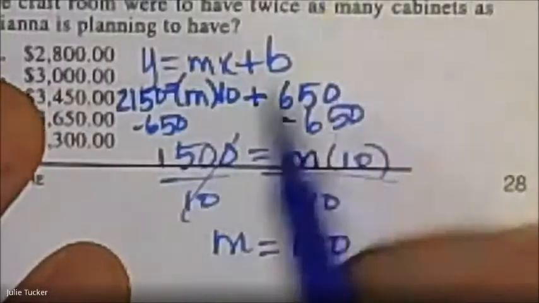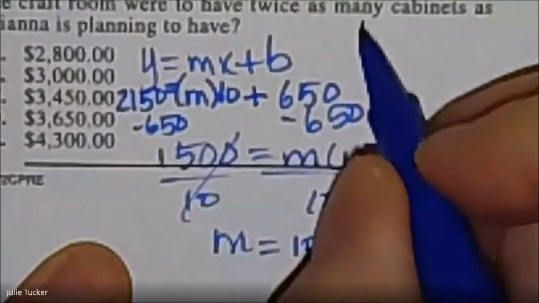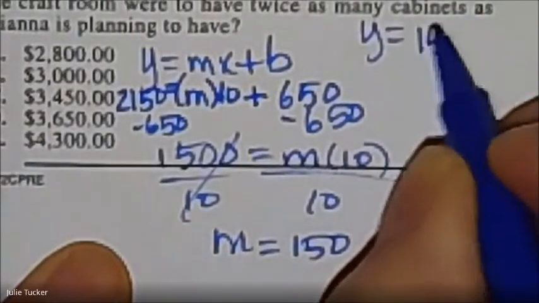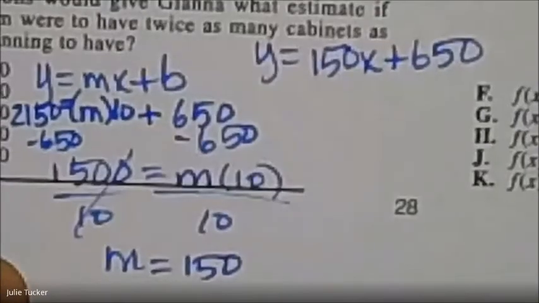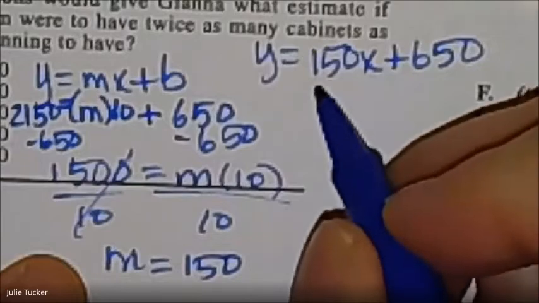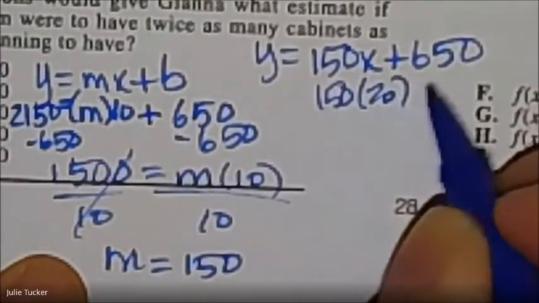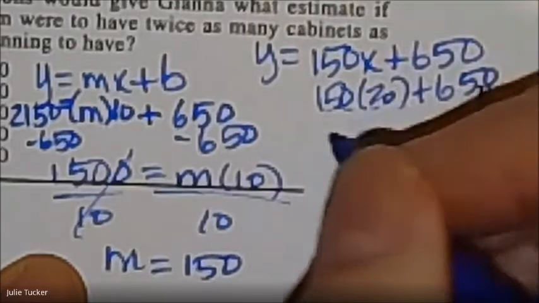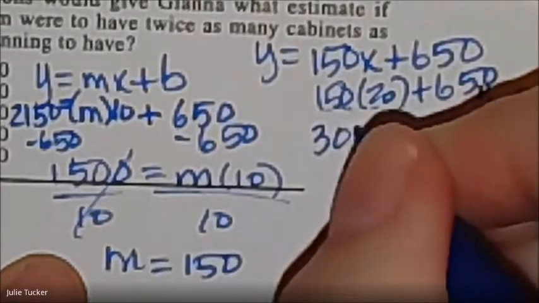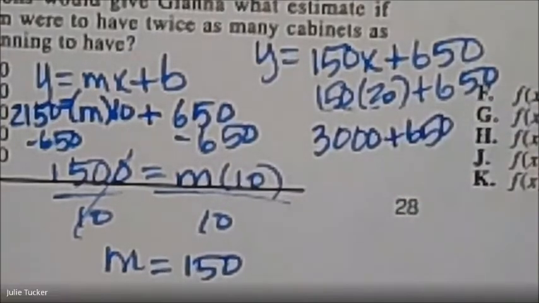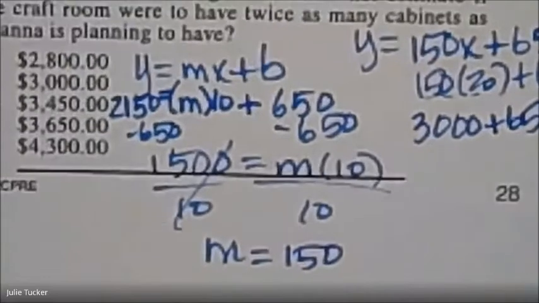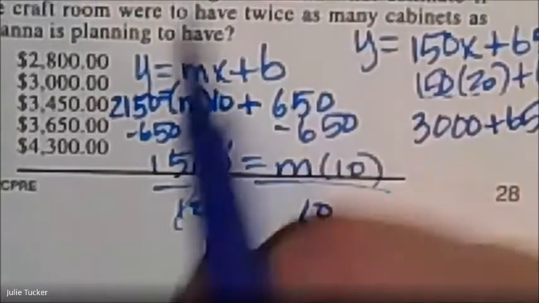So we'll take our equation, y equals 150x plus 650, and we'll put in a 20 for x. So 150 times 20 is 3,000 plus 650. So which answer is that? Right there.